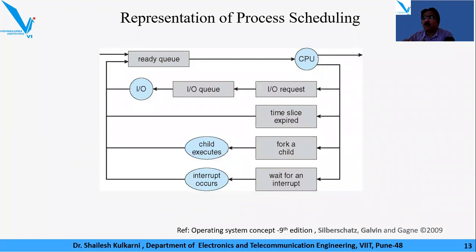There are different options, and those are given there. That is what is referred to as the representation of process scheduling: at what different instances a process would move from one state to another. This is the meaning of this diagram that we call the representation of process scheduling.